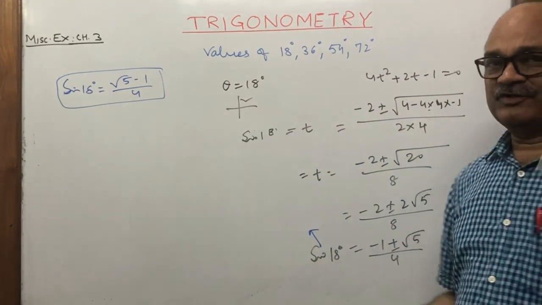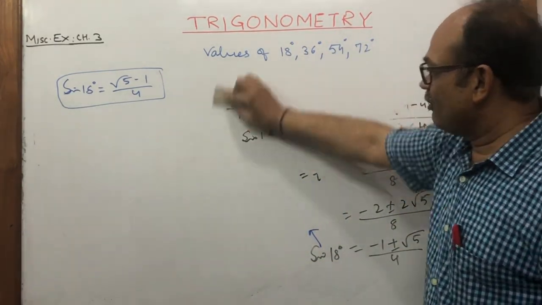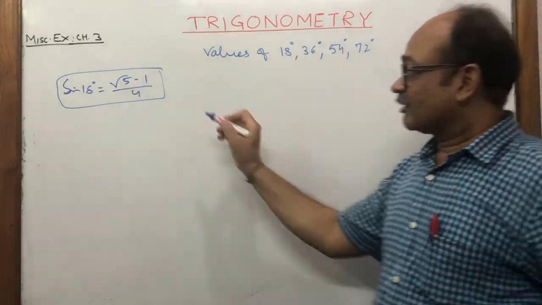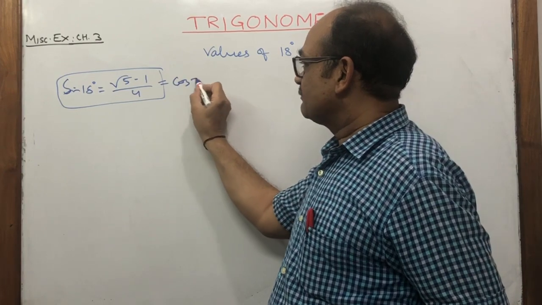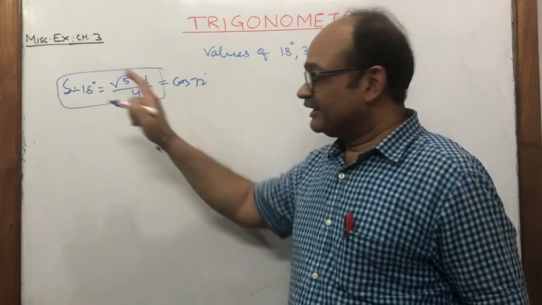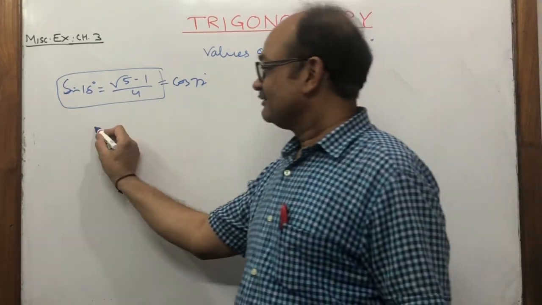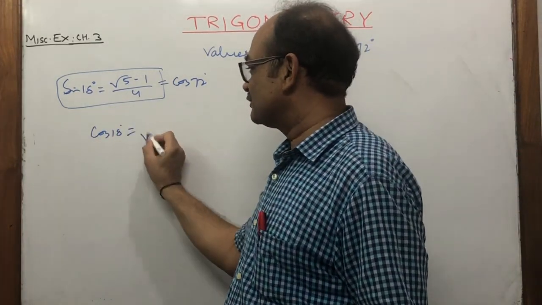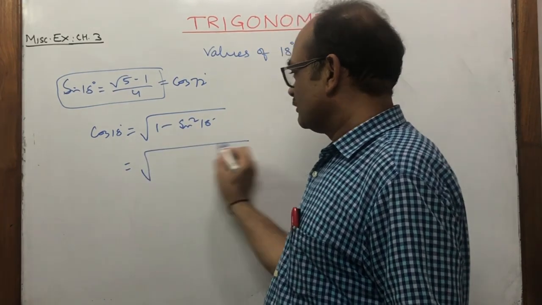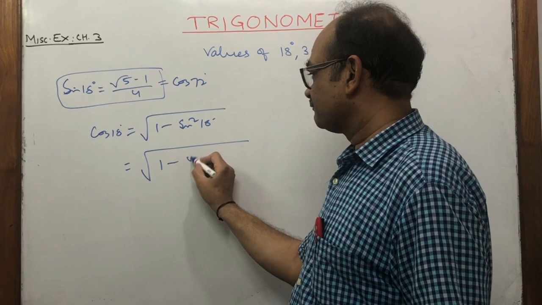If you know a single value of sine 18, you will have all the values very easily. For example, by the complementary angle system, this is nothing but cos 72. When you know sine 18, we can calculate cos 18. Cos 18 equals under root 1 minus sine square 18, that is 1 minus the square of this one.